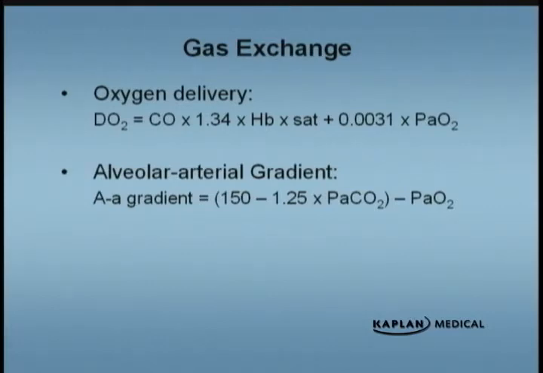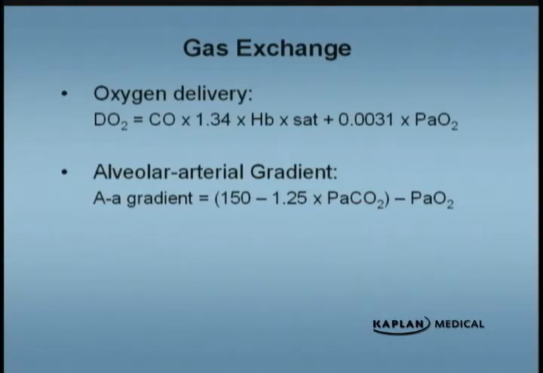A patient that has pulmonary disease as a cause of the hypoxemia, their alveolar arterial gradient is elevated. I'm going to explain that to you in just a couple seconds. So what is this alveolar arterial gradient? Well, all of us have an alveolar arterial gradient.